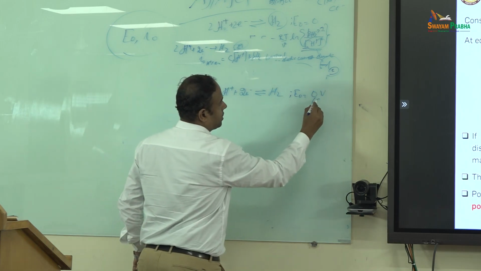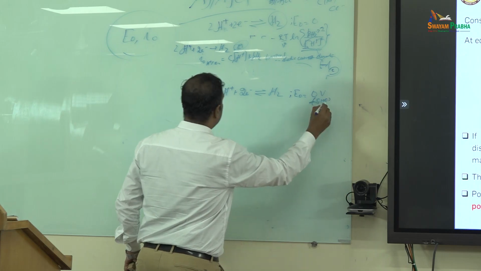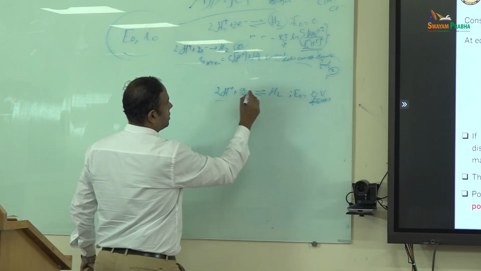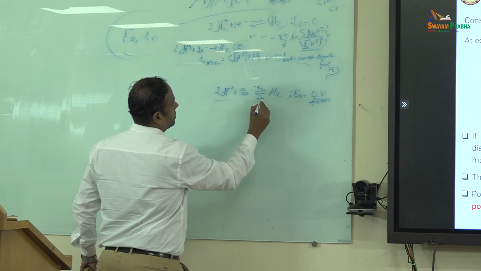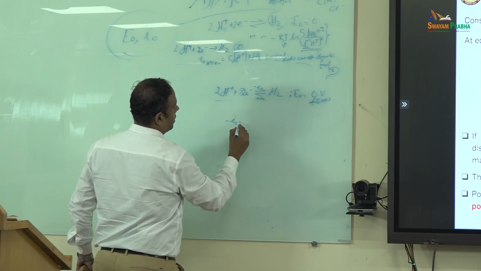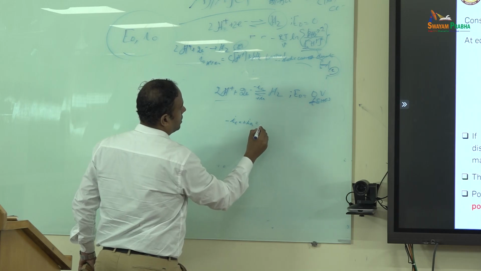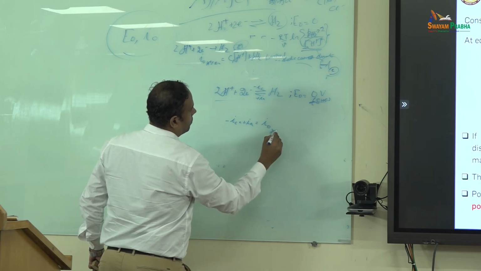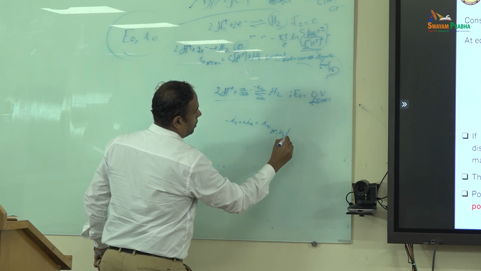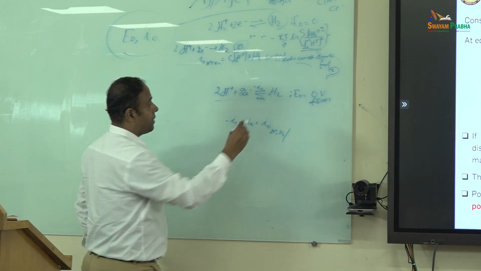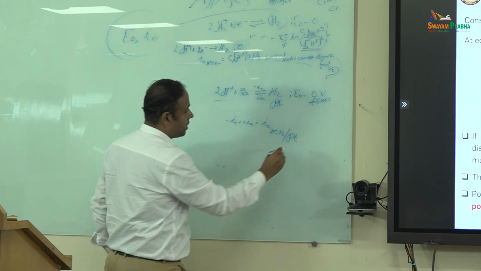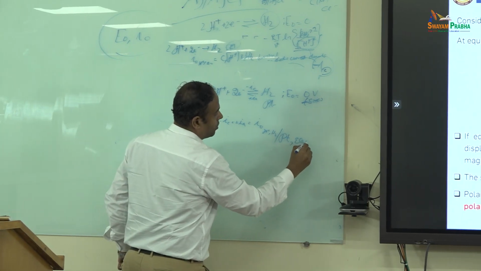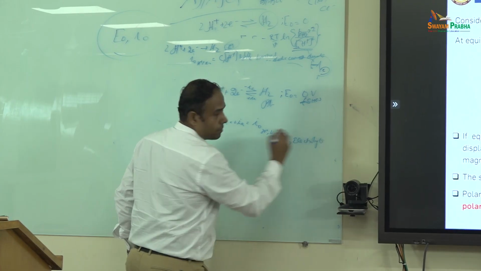Now, when I consider this the forward direction, which is reduction, and this the backward direction, oxidation, IC plus partial IA is equal to I naught of this reaction happening on the surface of what metal I am talking about. If I am talking about platinum, this will be on the platinum surface, and also on what electrolyte I use.